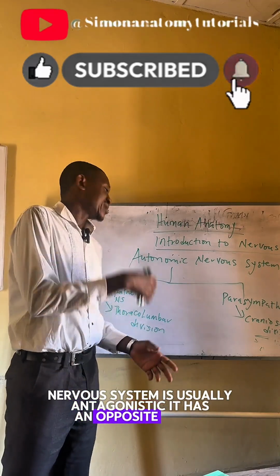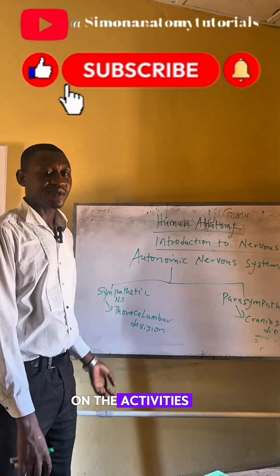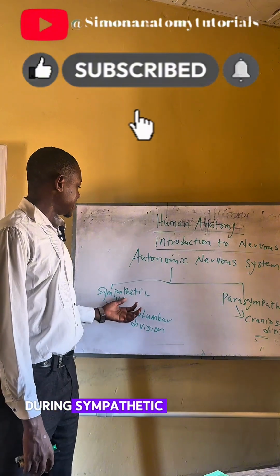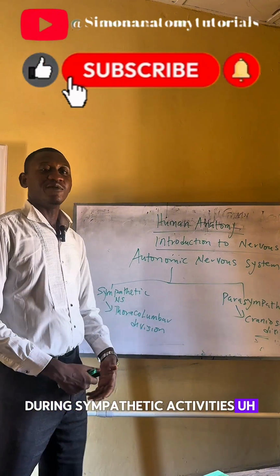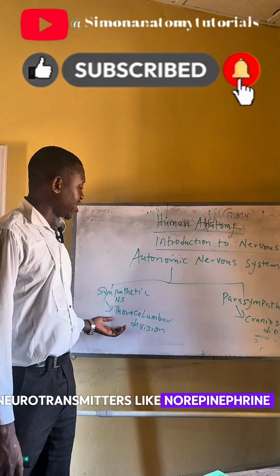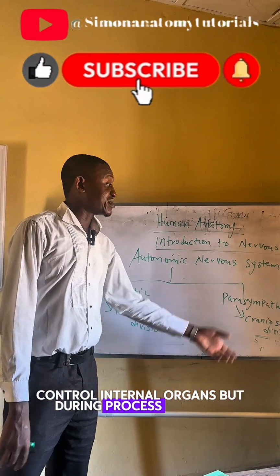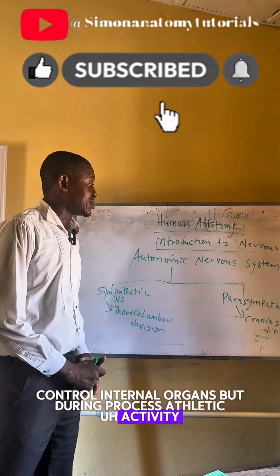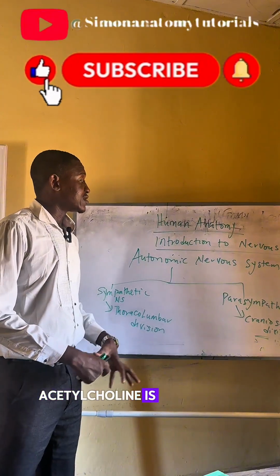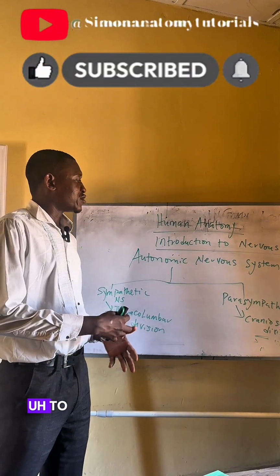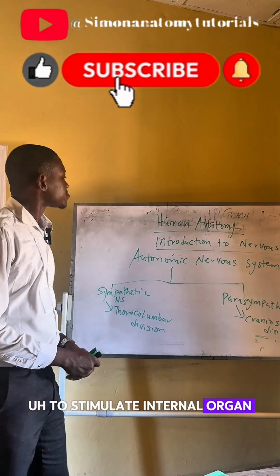It has an opposite effect on the activities of the sympathetic nervous system. During sympathetic activities, neurotransmitters like norepinephrine are released to control internal organs, but during parasympathetic activity, acetylcholine is released to bring the body to rest, to stimulate internal organs.